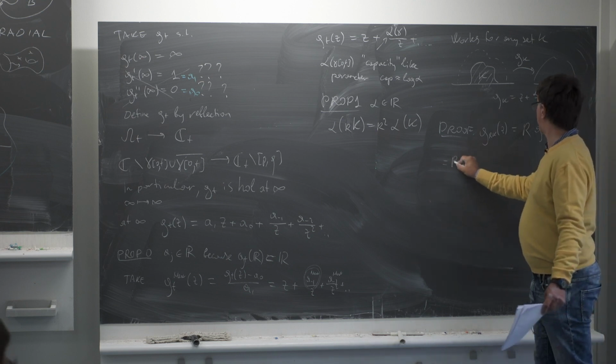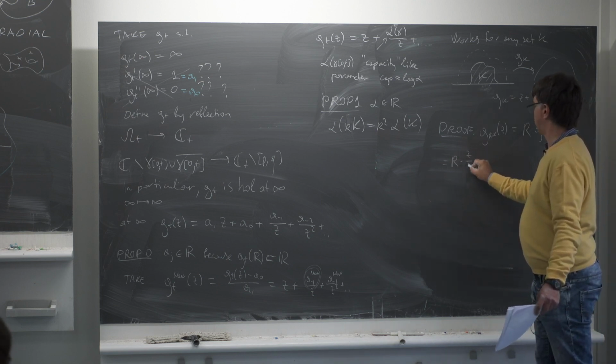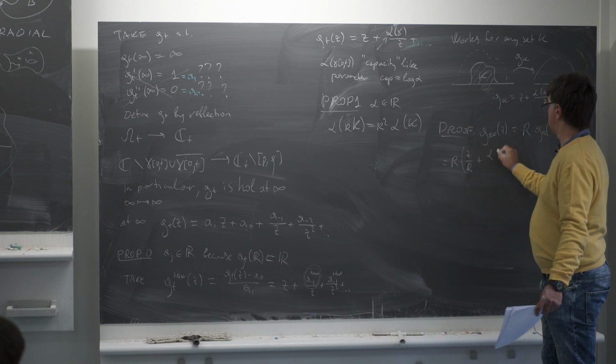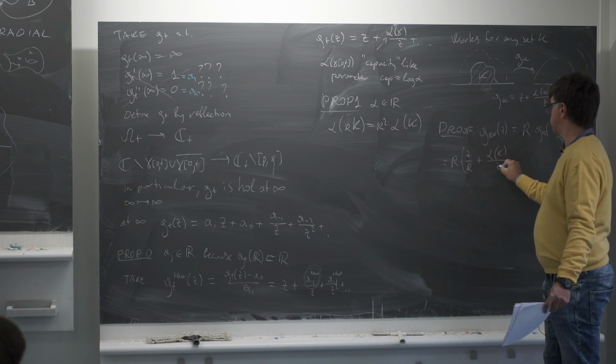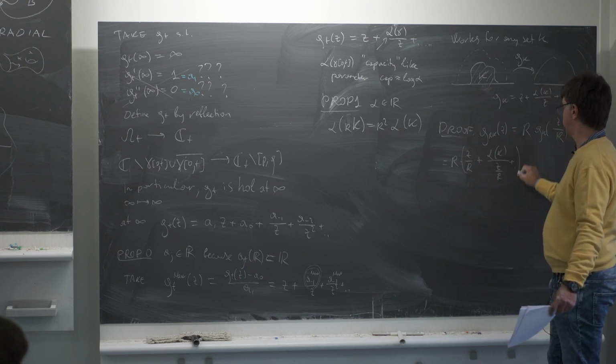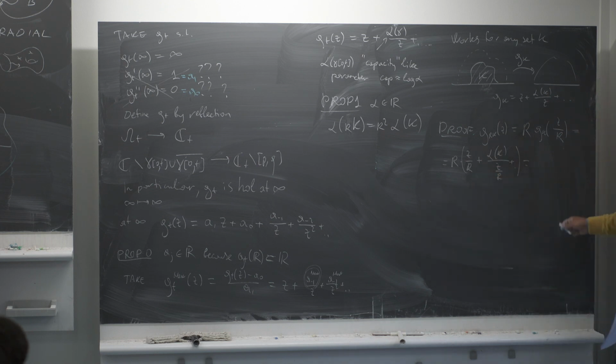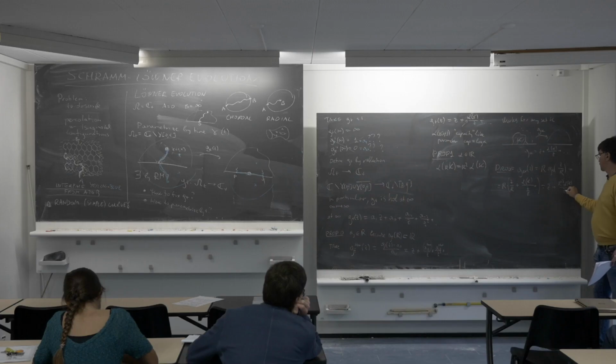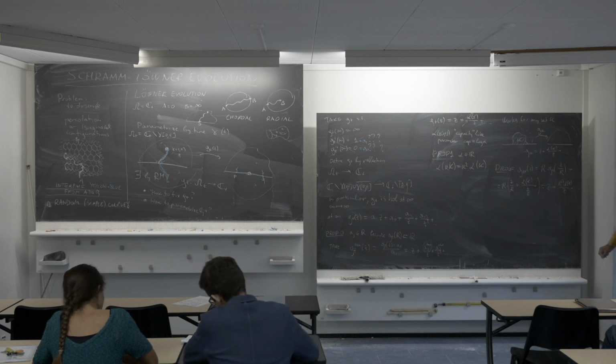This will be r times z over r plus alpha of K divided by z over r plus so on. Taking the product, the first term will be z, and the second term will be r squared alpha of K over z plus so on. Hence this formula.